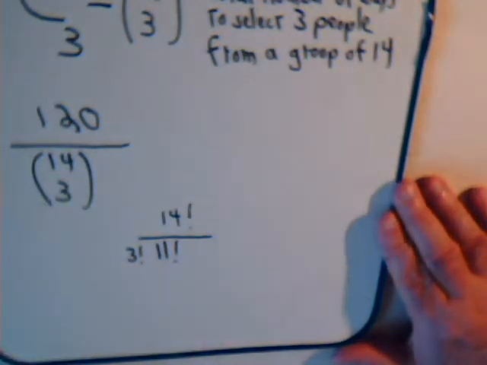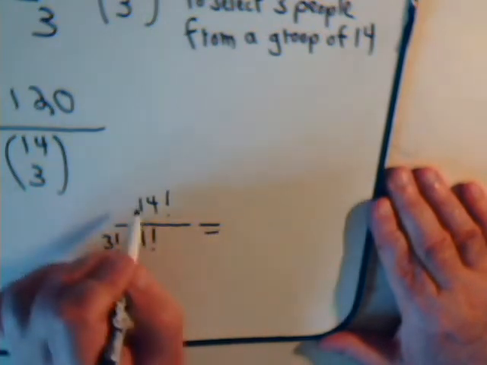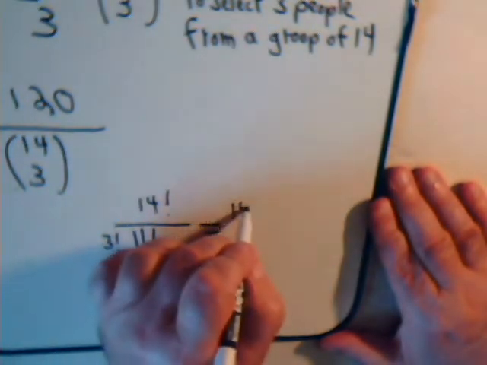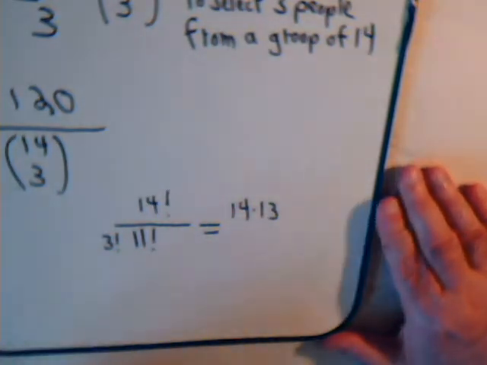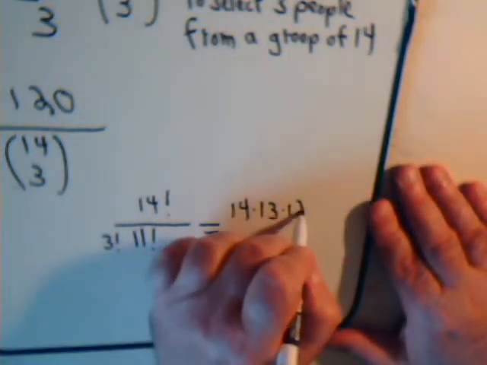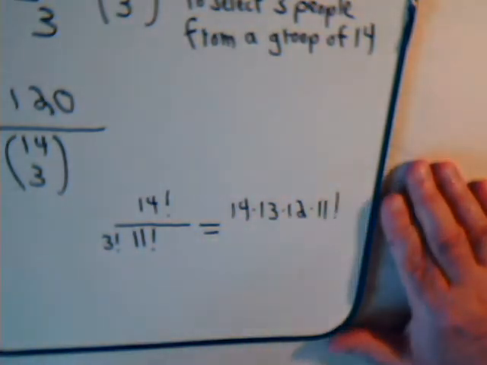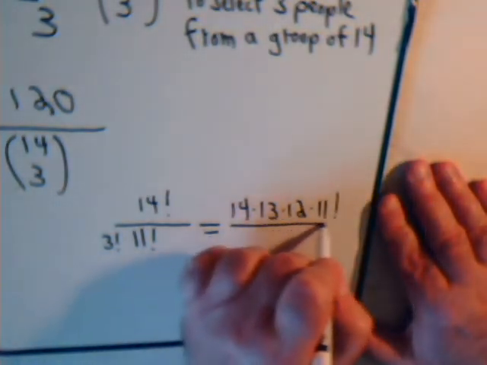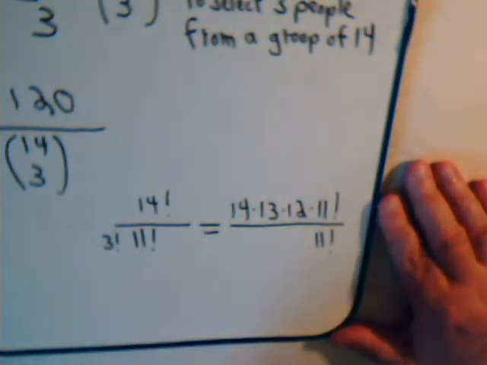That's this binomial coefficient. So this is 14 times 13 times 12 times 11 factorial, divided by 11 factorial.